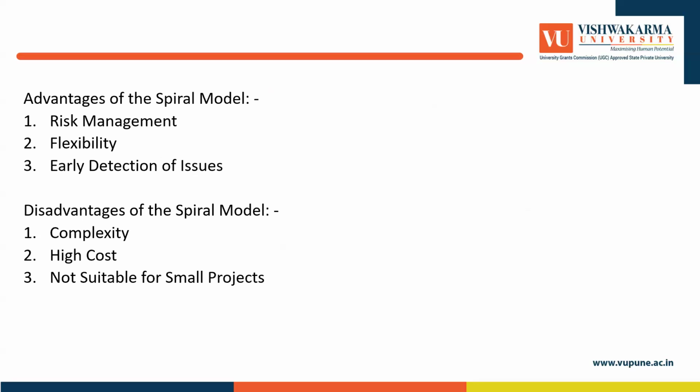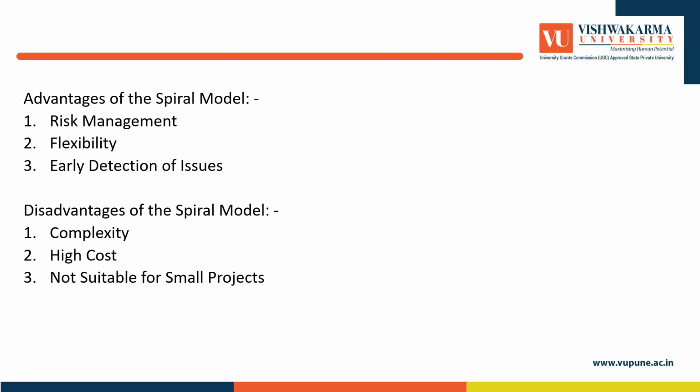It allows for changes in requirements at any stage of the project, making it ideal for projects where requirements are expected to evolve. Then the third advantage is early detection of issues. Early prototyping helps in identifying potential problems, ensuring corrective measures can be taken before investing significant resources.